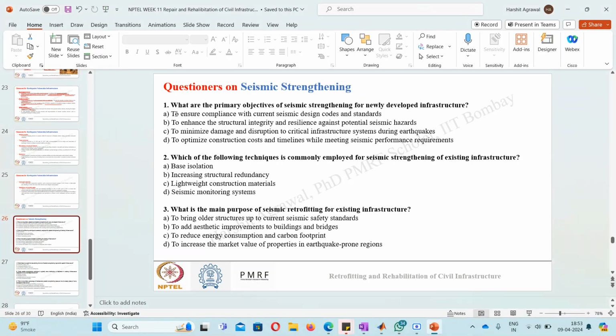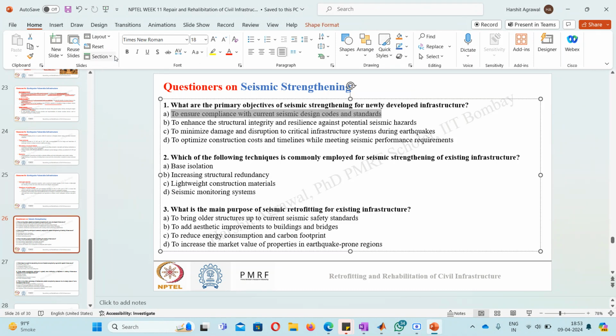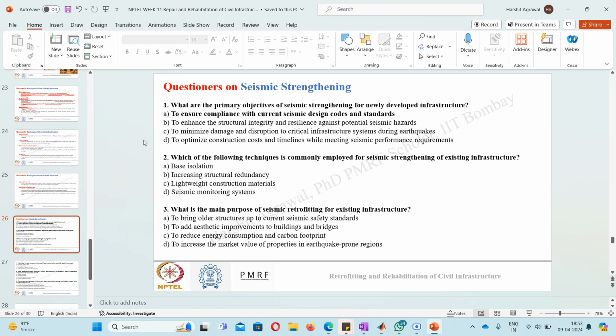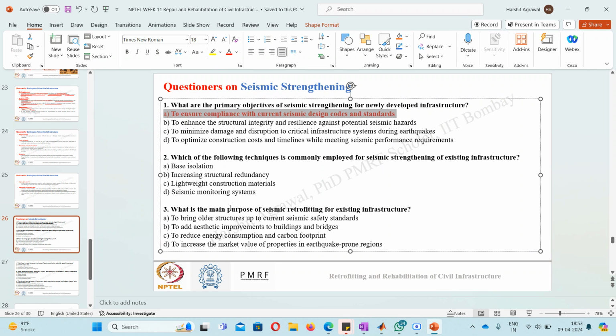Okay, so if this is taken care of properly, then a structure will be safe from any earthquake damage. Okay, so this is important for newly developed infrastructure. So the answer will be A.